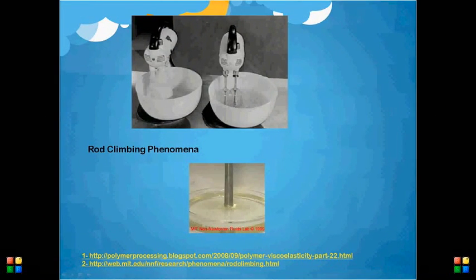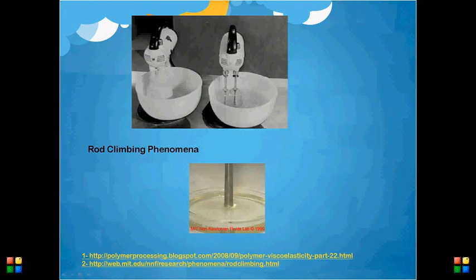I bet you guys are wondering, why does this occur with viscoelastic materials? Well, the rod climbing phenomenon occurs when a viscoelastic fluid is stirred using a cylindrical rod. The fluid begins to climb the rod as long as there is continuous rotation.